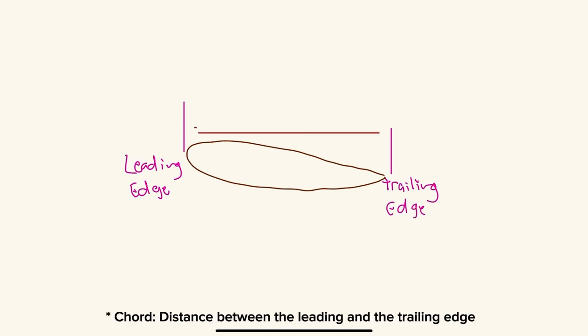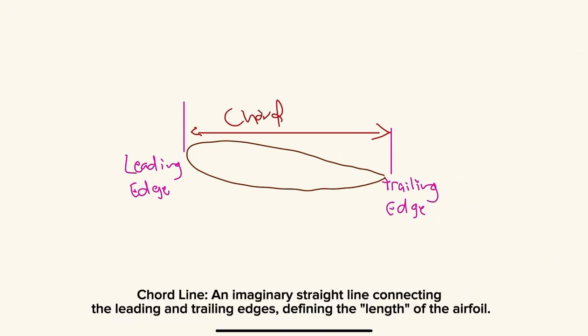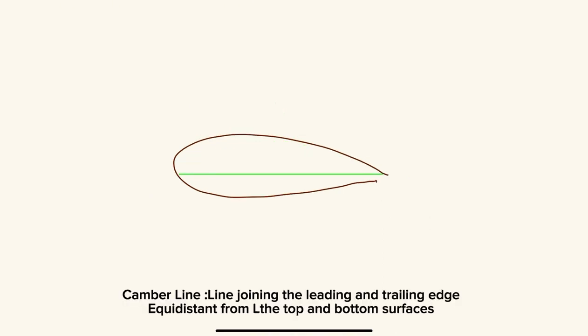Chord, the distance between the leading edge and the trailing edge. Chord line, an imaginary straight line connecting the leading edge and trailing edge, defining the length of the airfoil. Camber line, the line joining the leading and trailing edge, equidistant from the top and bottom surfaces.